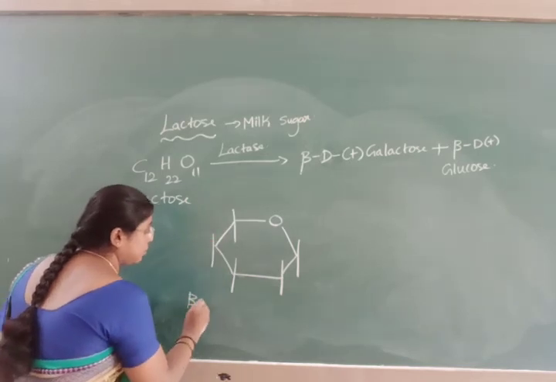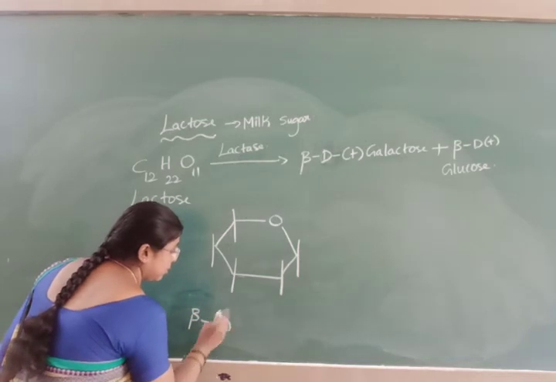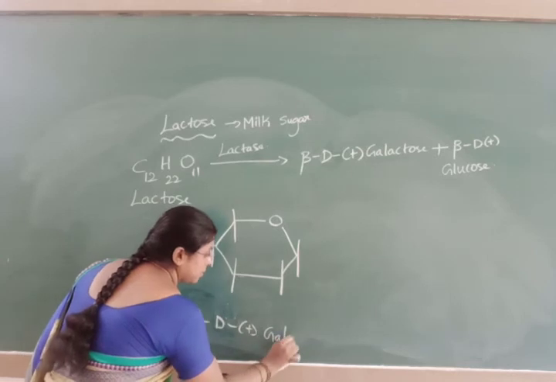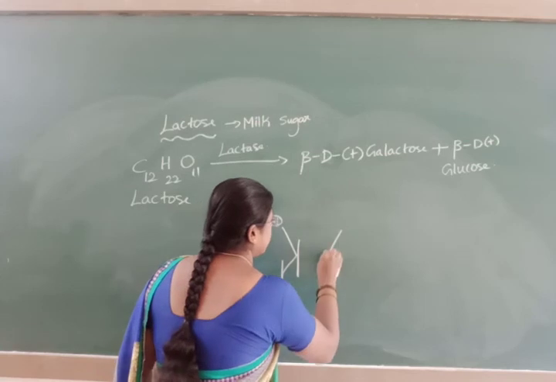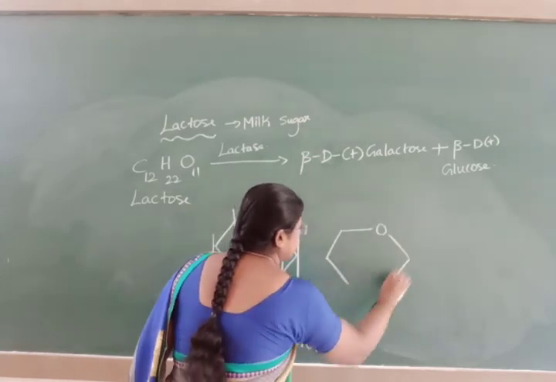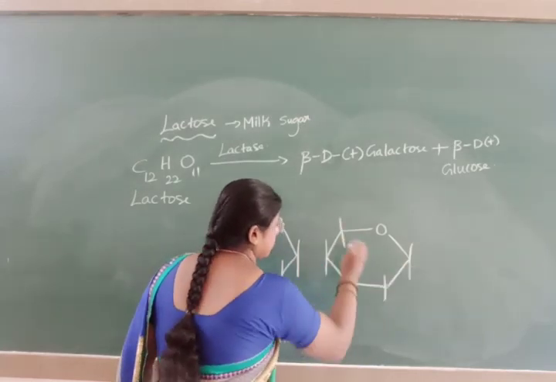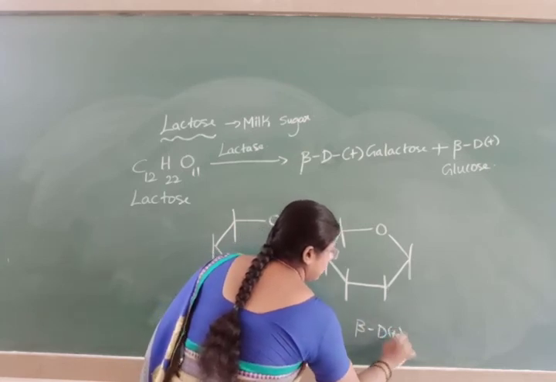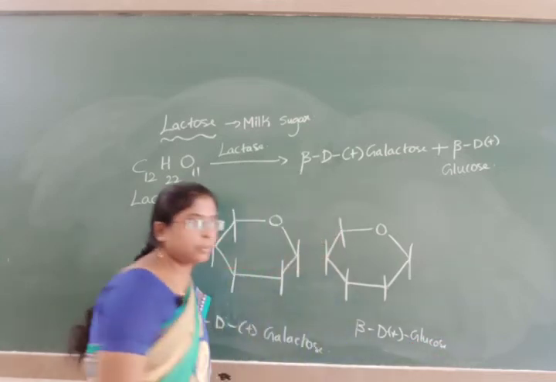First we have to write beta D plus galactose, and next we have to represent beta D plus glucose. Both have a pyranose structure.